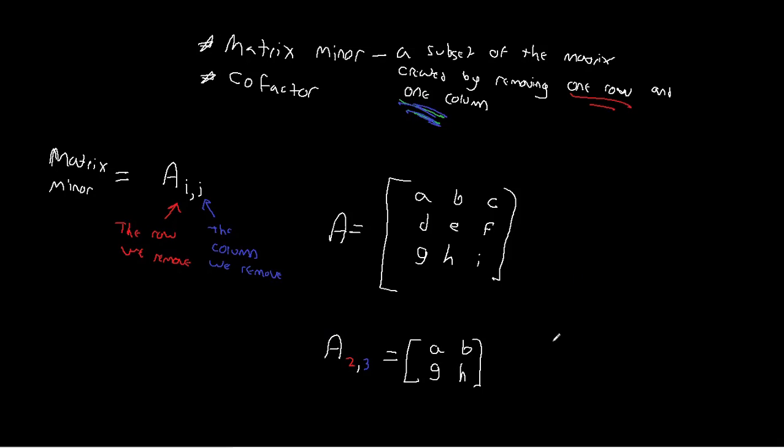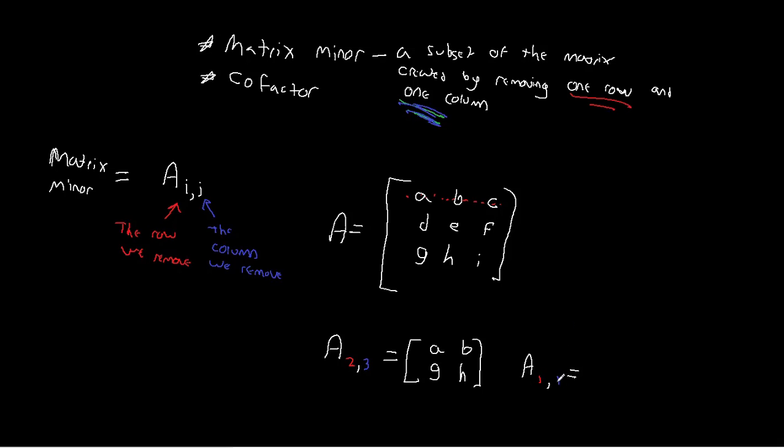So that's one. Let's look at another example because I really want you to understand this idea of the matrix minor. Okay, let's do an A where we remove 1 and we remove 1. So what is the matrix minor of A1,1? Again, this one tells us that we're removing the first row, so we would remove this row here.